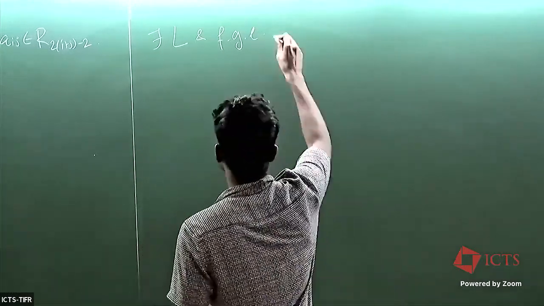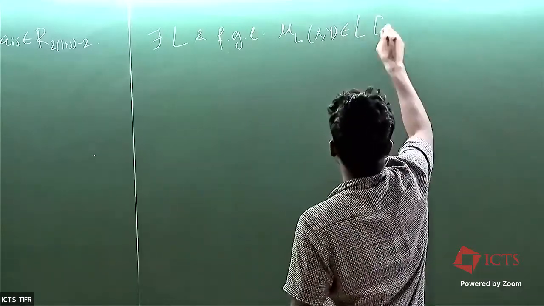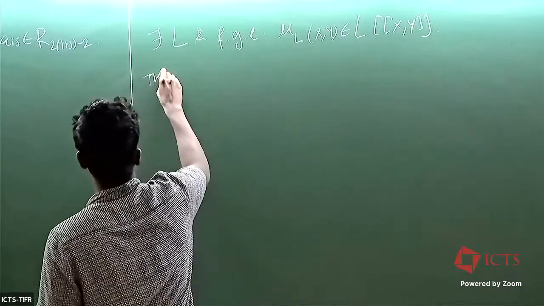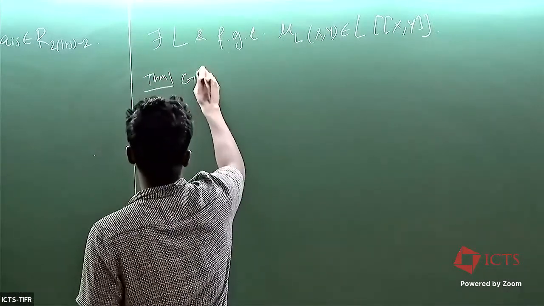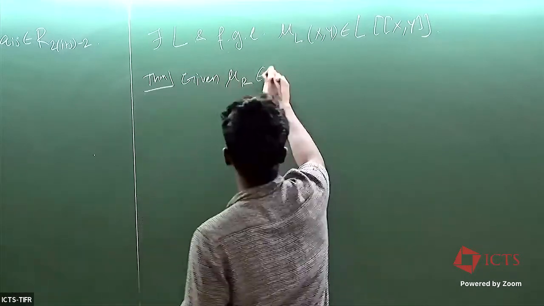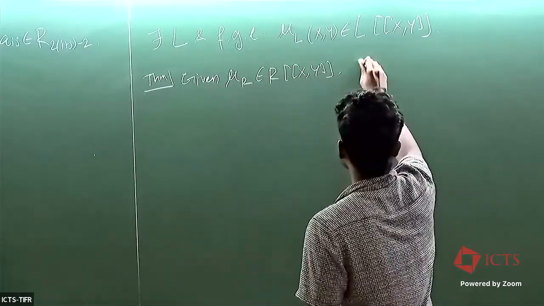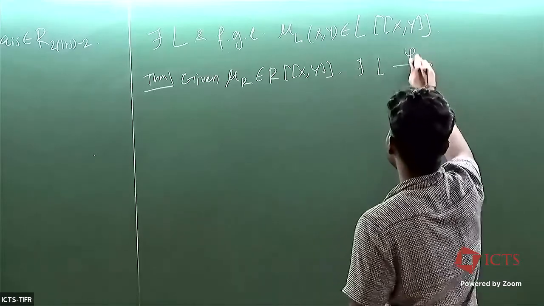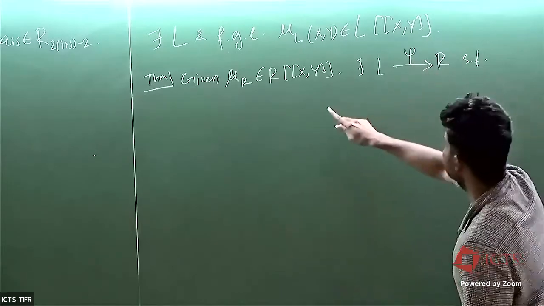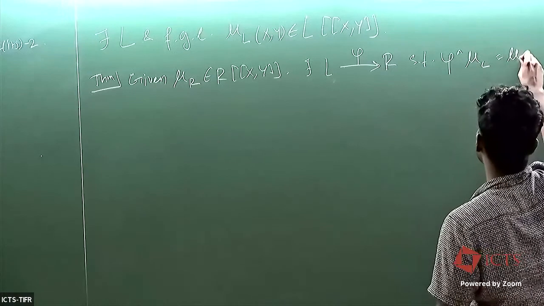There exists an FGL mu_L(x,y) belonging to L[[x,y]], such that, theorem: given mu_R, a formal group law over R in x,y, there exists a ring homomorphism from L to R such that the push forward of mu_L is mu_R.